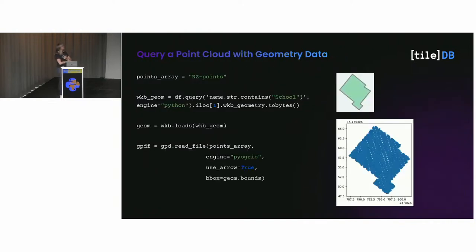Now the cool one is actually to use that geometry data that is in a TileDB array with a point cloud. So I was interested in this building, I think because it was a school.